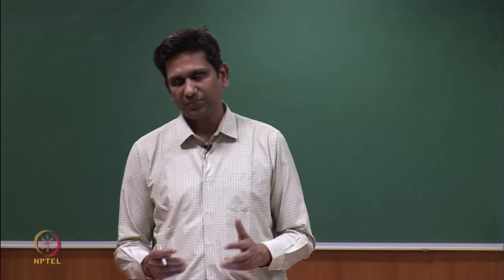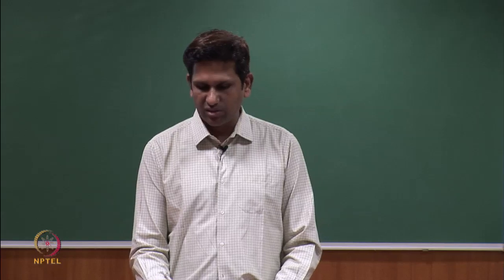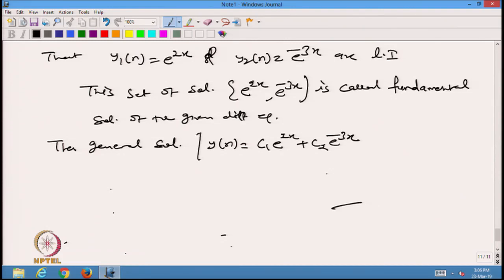Any other solution, if available, will be a linear combination of only these two. So, I can write the general solution: y(x) equal to c1 e to the 2x plus c2 e to the minus 3x. This is my general solution for the given differential equation.